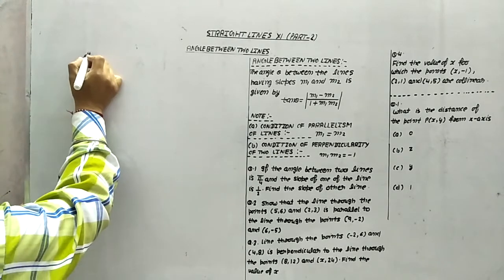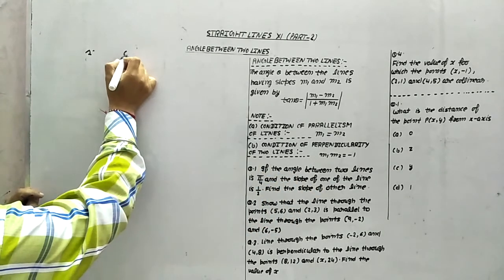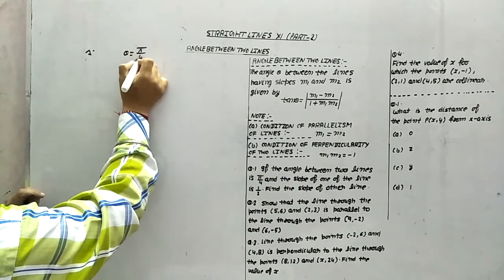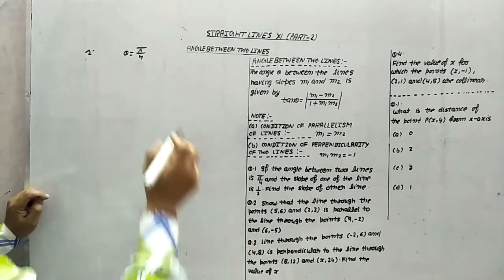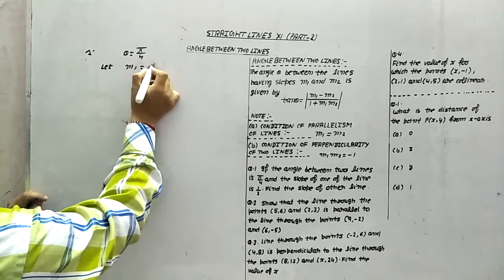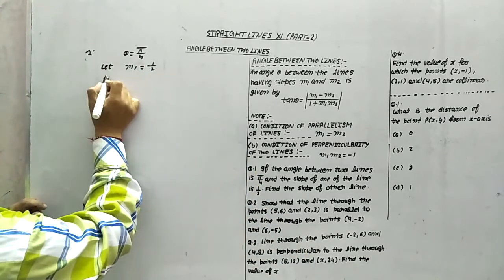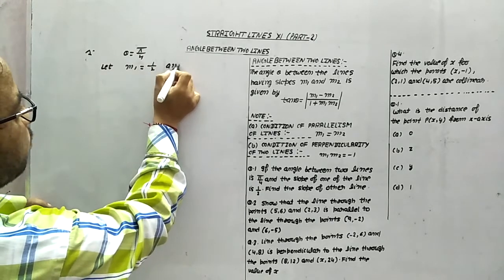Now let's start to solve the questions. In question number 1, it is given that the angle between two lines is pi by 4, that means theta is equal to pi by 4, and the slope of one line is half. Let the slope of one line be m1 equal to half, and we have to find the slope of the other line. Let the slope of the other line be m2.